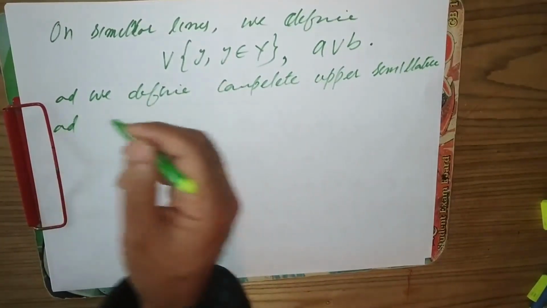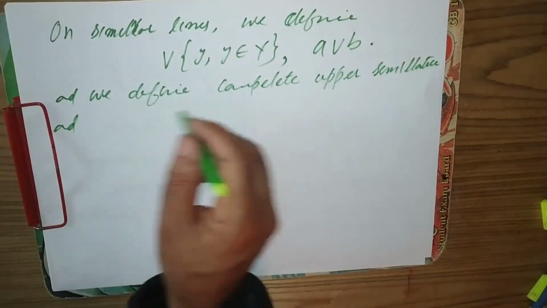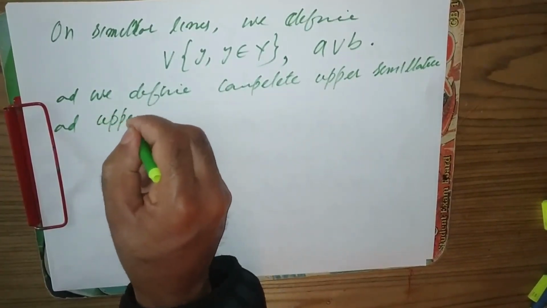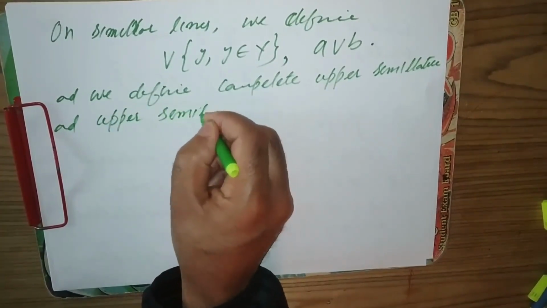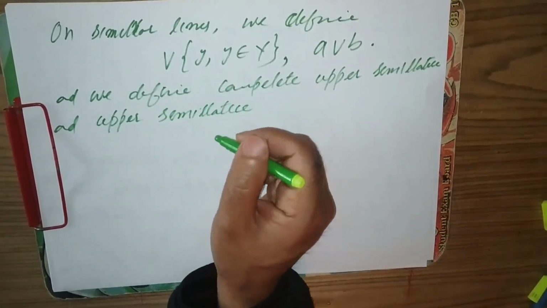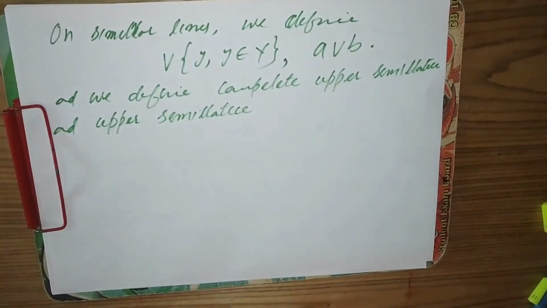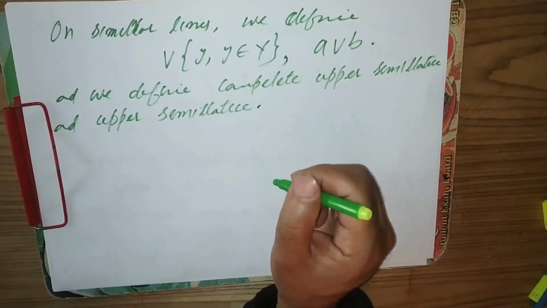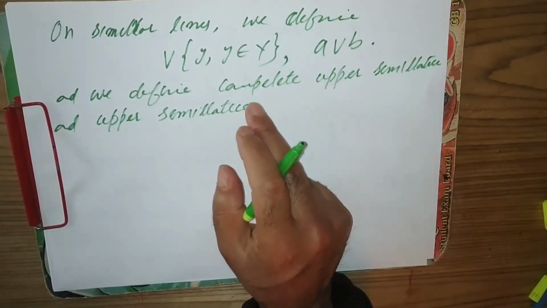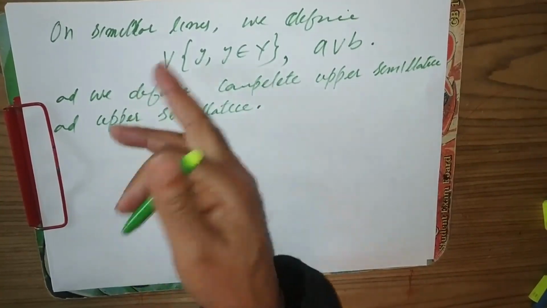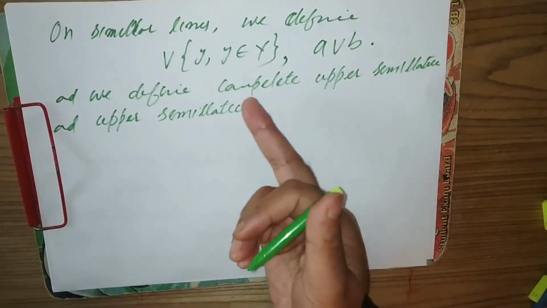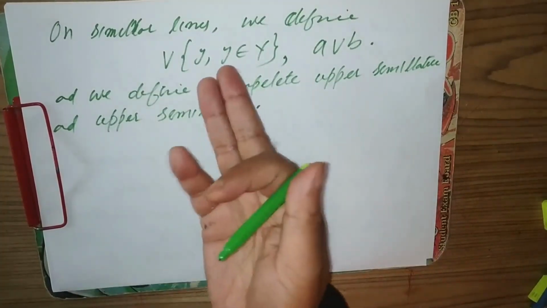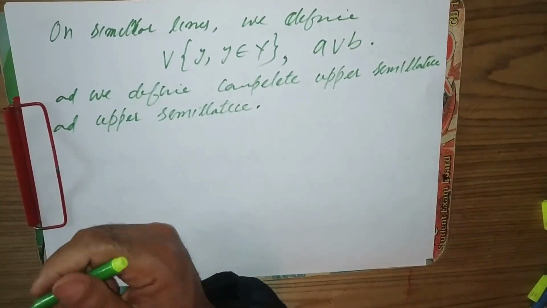And we can define the upper semilattice: it means that for any two elements a and b of X, their join exists. The least upper bound always exists in that space. This is the analog of the definition of complete lower semilattice and lower semilattice, just instead of meet, we are taking join. Their join should exist.